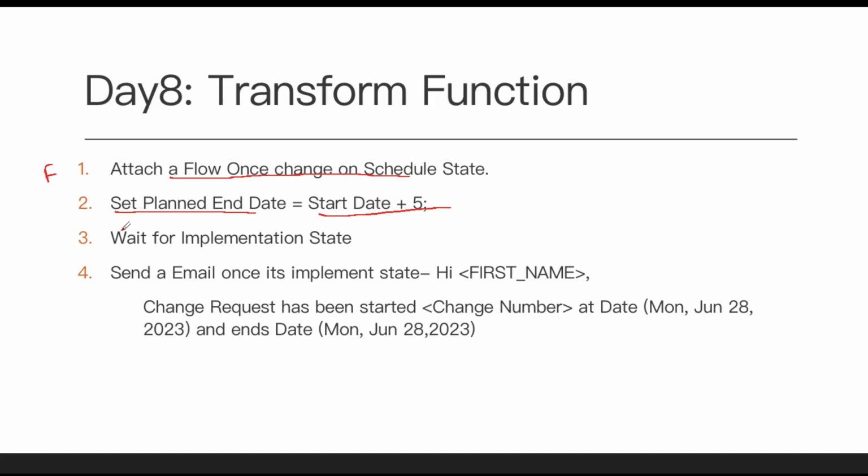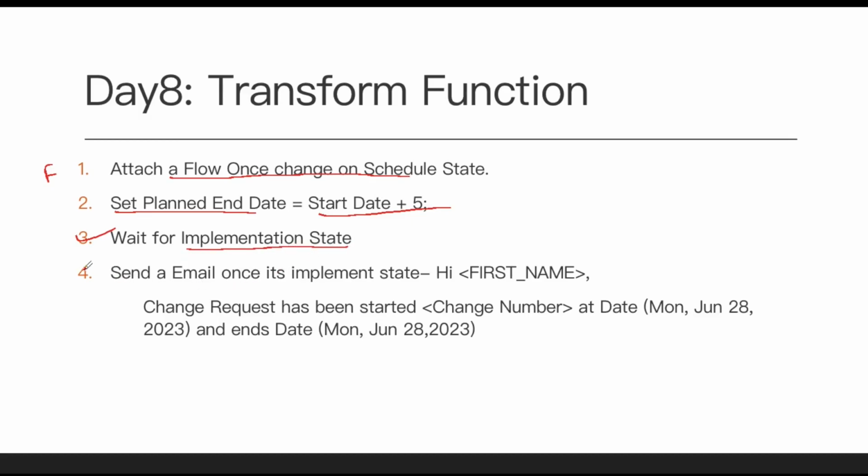Secondly, we'll wait for a certain time until the change is moved to the implementation state. So in our flow we are going to wait until the change is moved to the implementation state.